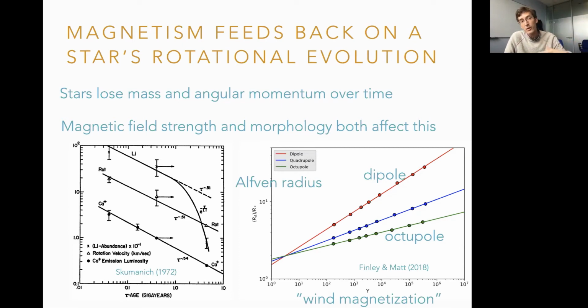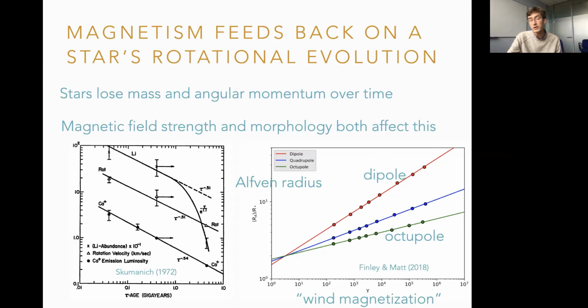If you look at their rotation rate and also their tracers of chromospheric emission, they tend to follow this so-called t to the minus a half law. And that spin down, the rate at which they spin down, depends both on the mass loss rate and on the morphology of the field, and on how well those two things are coupled.